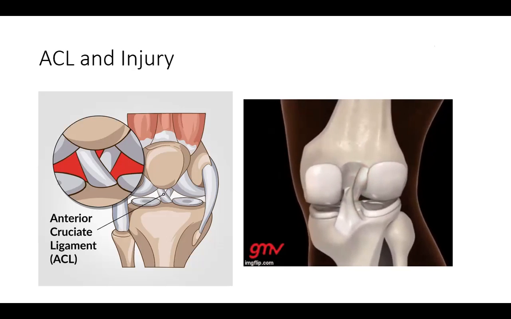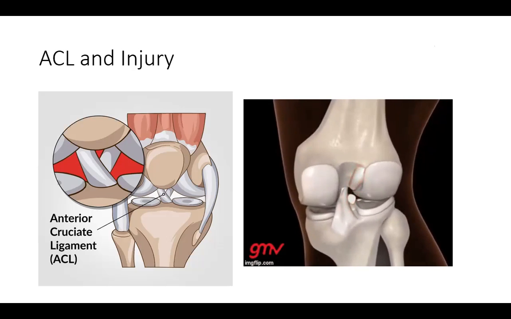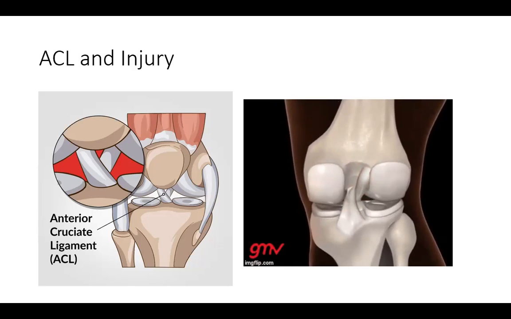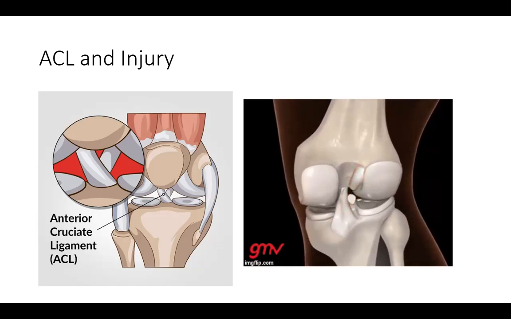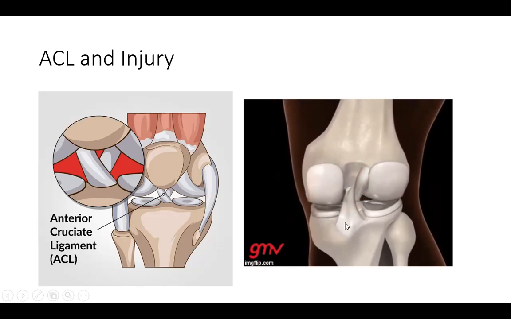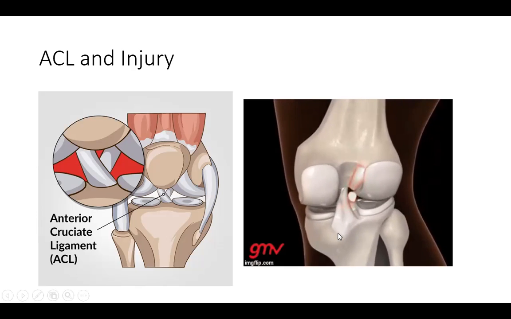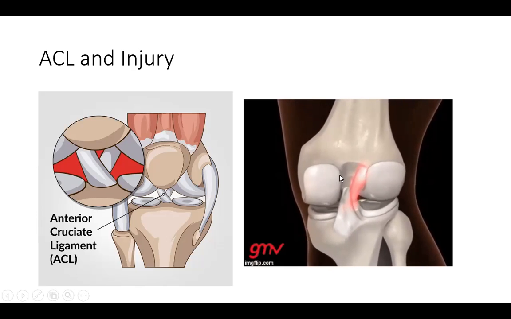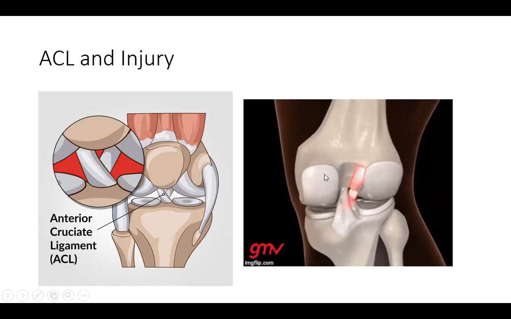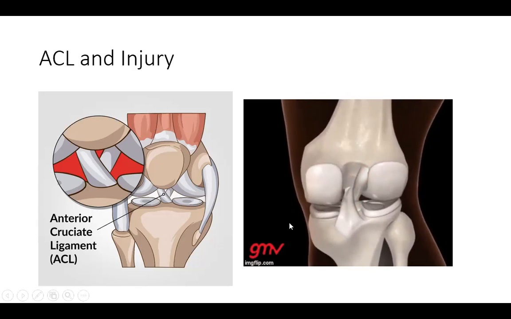The PCL can tear too, in a similar location. Because remember, the PCL is attached at the posterior intercondylar region here and attaches to the lateral surface of the medial condyle. Okay.